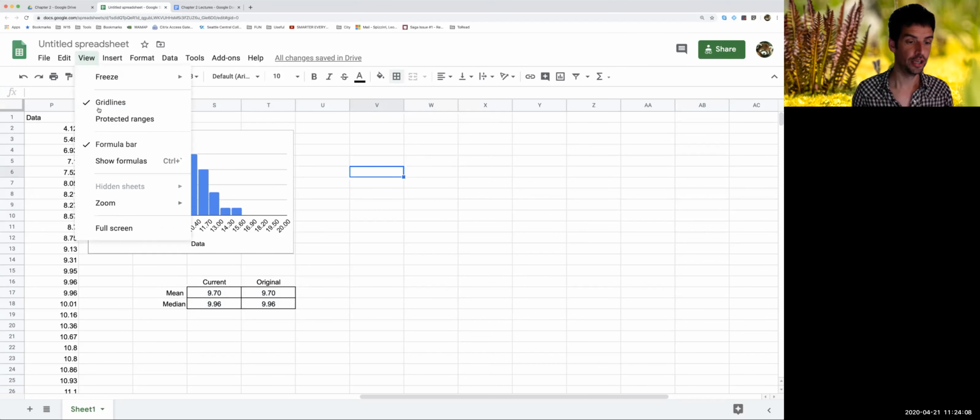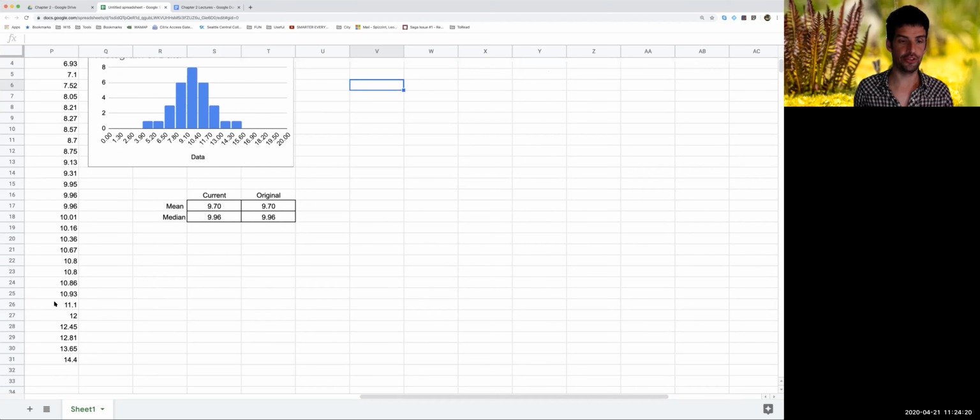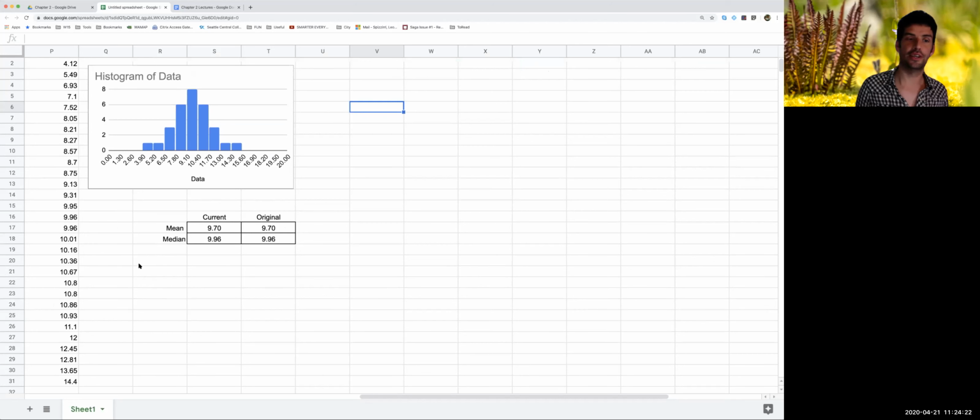Okay, so what I want to do, I'm going to take some data from the top of this histogram and move it to the bottom. In other words, I'm starting with a symmetric histogram, but I'm going to take data from the top end, the higher values, and move them to the bottom end. So for instance, I can change the value 14.4.